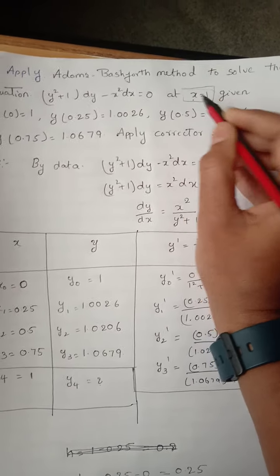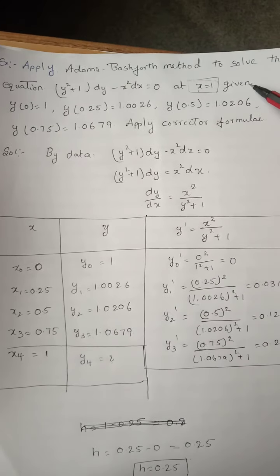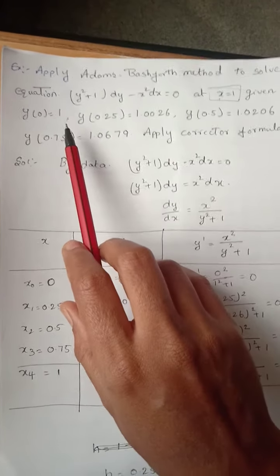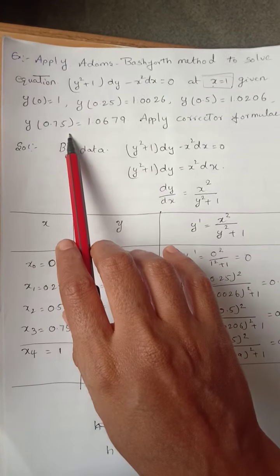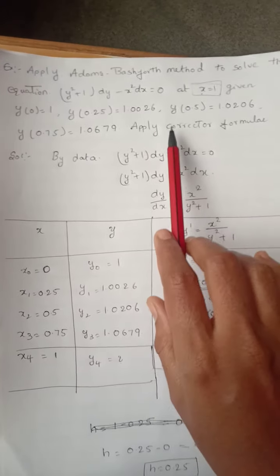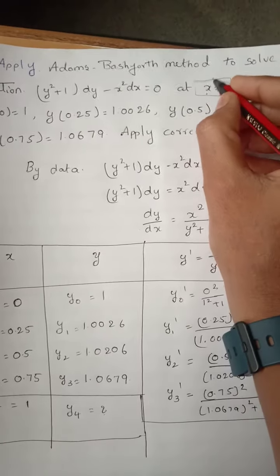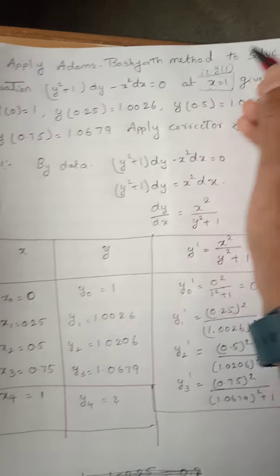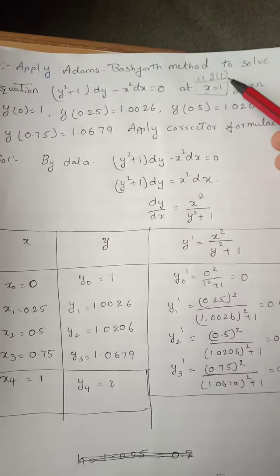We have to find the value of y at x equals 1, given 4 predefined values, that is y of 0, y of 0.25, y of 0.5, y of 0.75. So we have to find y of 1. Finding at x equals 1 means finding the value of y of 1.